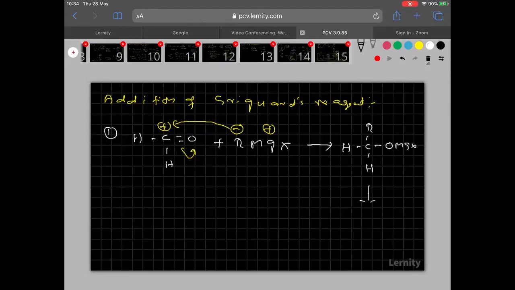So this on hydrolysis, everyone knows, you will get R CH2 OH. What is this alcohol? Primary alcohol. Please write quickly. Methanol will give primary alcohol.